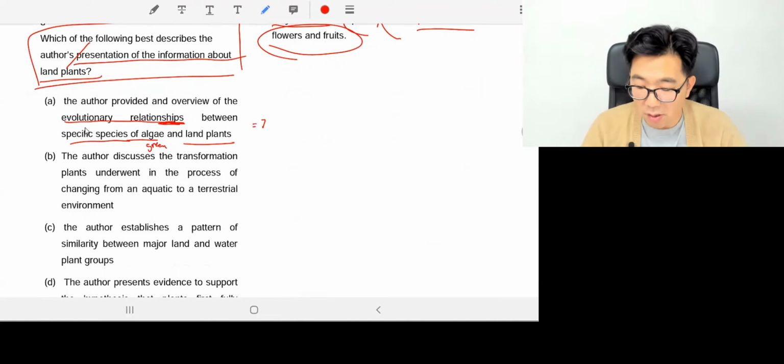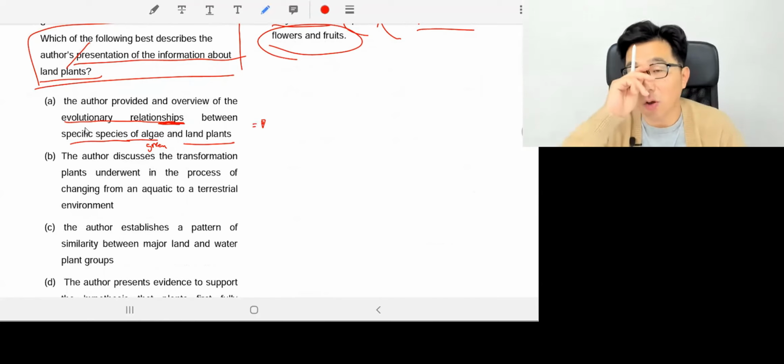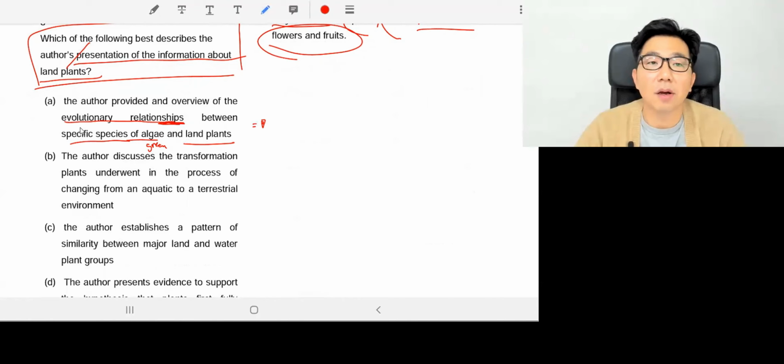This is only one part. This is only like the introductory part, right? As we go on to the body of the passage, after paragraphs 2, 3, 4, 5, it really develops.